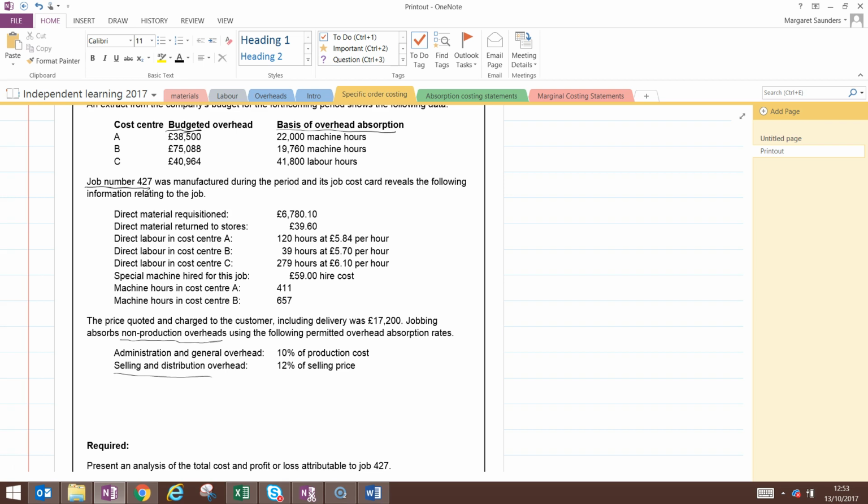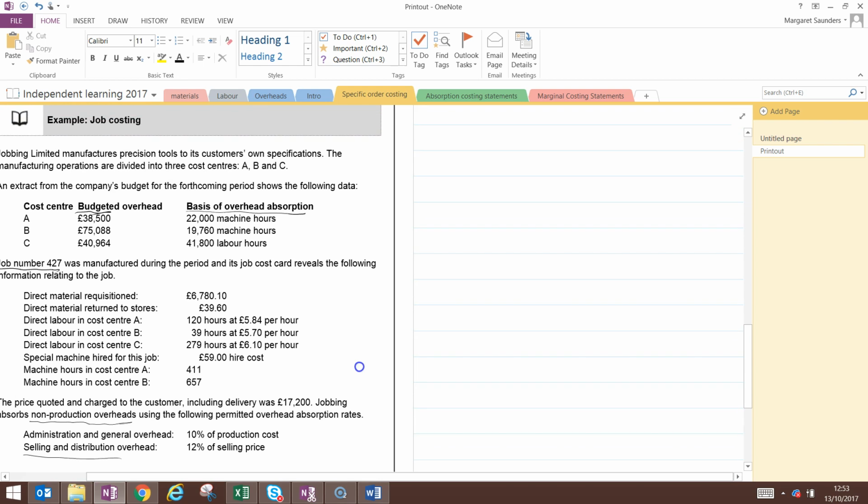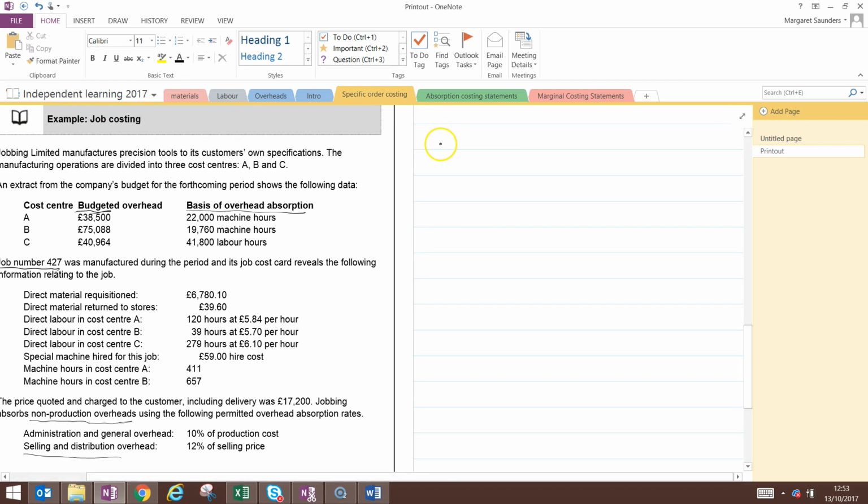So we start with direct materials. So let's put a heading first. So the first thing that we want is the direct material cost for this job.